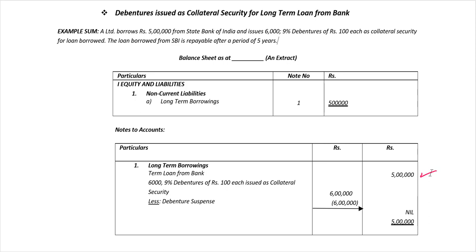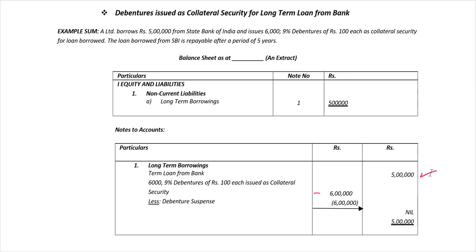The way we depict the 6 lakh rupees of 9% debentures issued as collateral security is like this. Below the term loan from bank, we will write 6,000 9% debentures of rupees 100 each issued as collateral security.